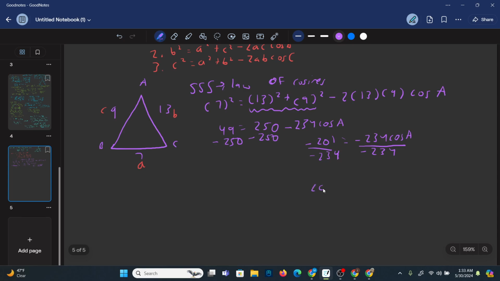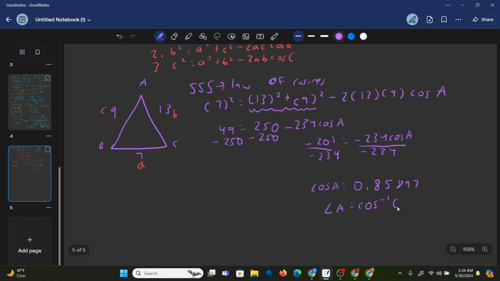And we get cos A equals 0.8597. To find angle A, we do inverse cosine, because when we want to find an angle, we do inverse sine, cosine, or tangent.